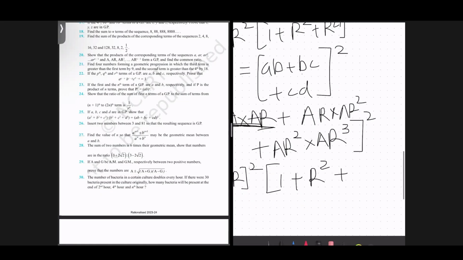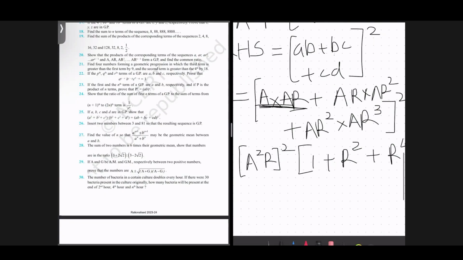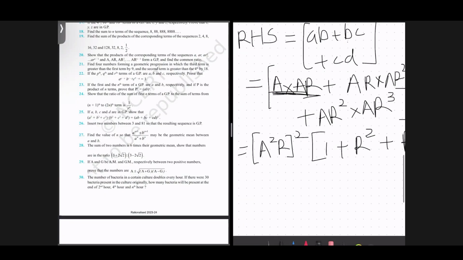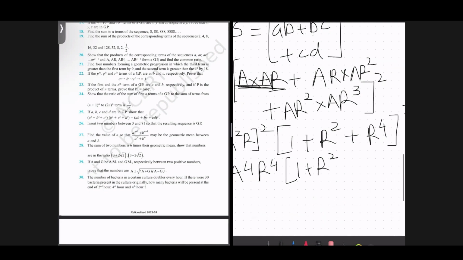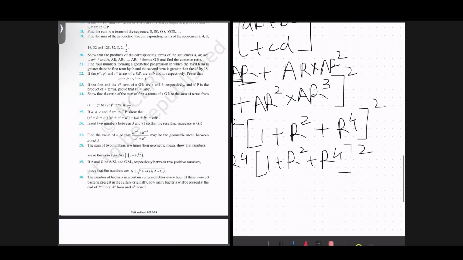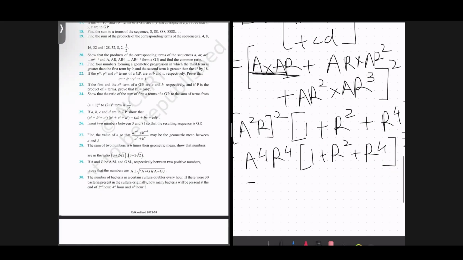And when you take out A square R common from the third term, you get R raised to the power 4 remaining. That is going to be whole squared, right? So A square R the whole squared is A raised to the power 4 R square, and in the bracket you now have (1 plus R square plus R raised to the power 4) the whole square, right?